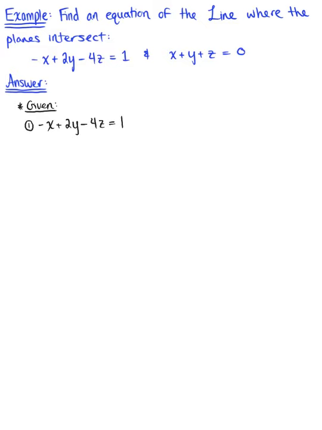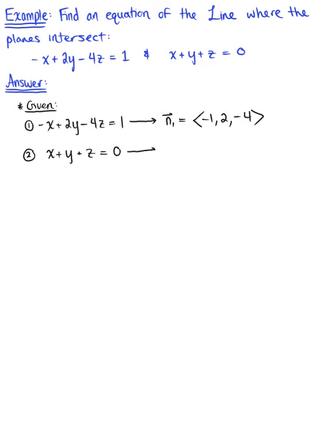So, we can identify this plane's normal vector, we'll call it vector n sub 1, by looking at the coefficients of the variables. So we can see that this plane has the normal vector with the components -1, 2, -4. And we're also given plane number 2, x plus y plus z equals 0.